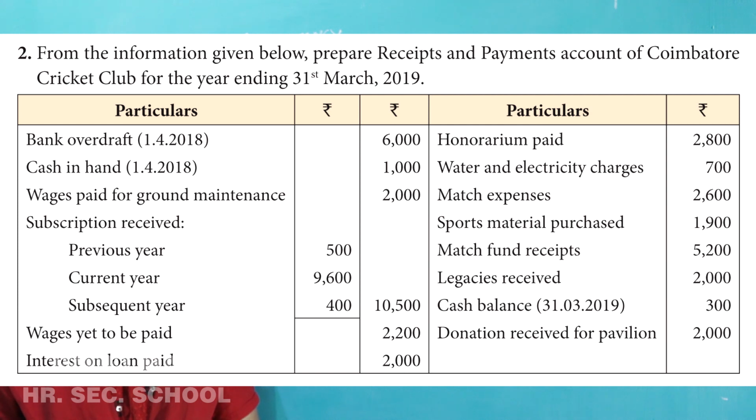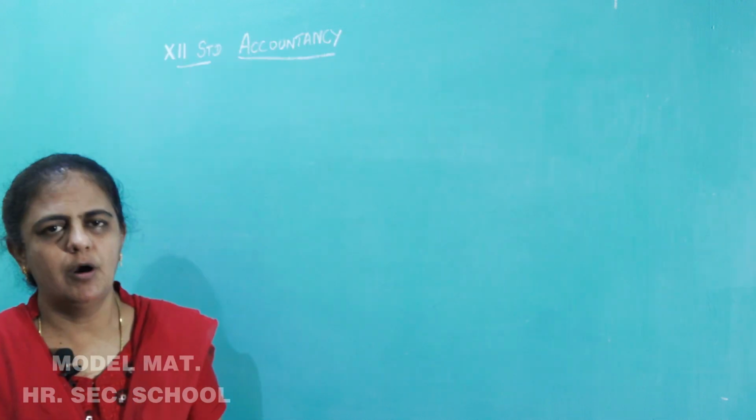Water and electricity charges 700. Match expenses 2,600. Sports material purchased 1,900. Match fund receipts 5,200. Legacies received 2,000. Cash balance on 31/3/2019 is 300, that is the closing balance. Donation received for pavilion 2,000.